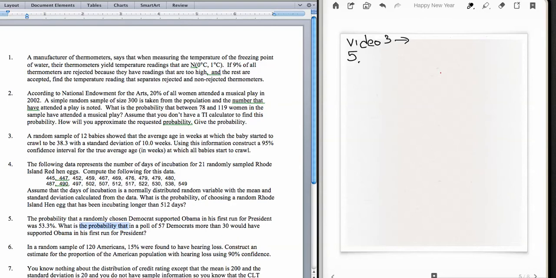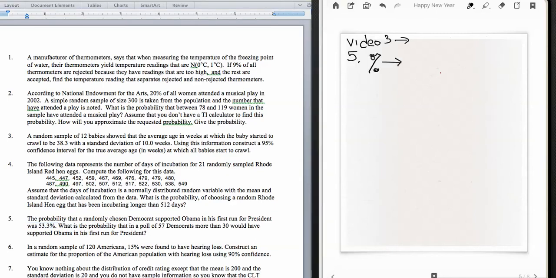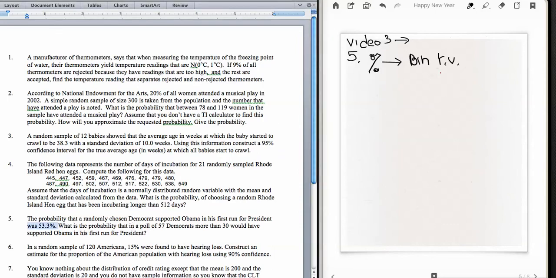And this one, we're looking at, again, a percent. And when we see a percent, we have a great indication that we're talking about a binomial random variable. So this is further indicated when we have 57 Democrats and then a number 30.